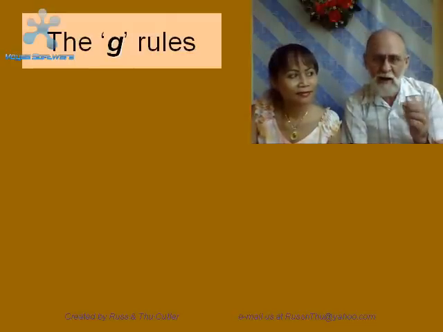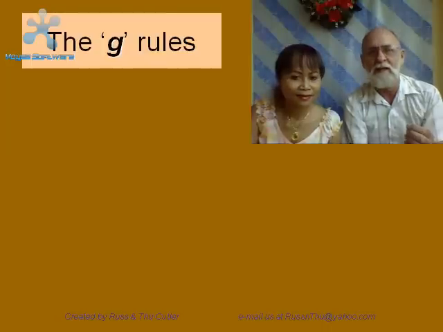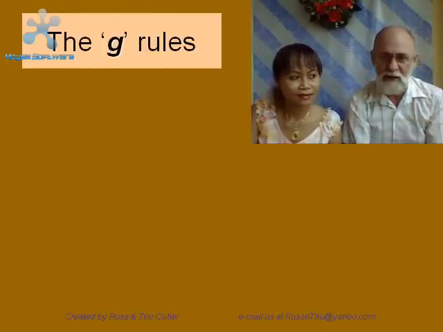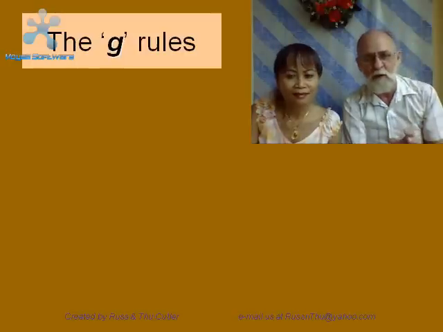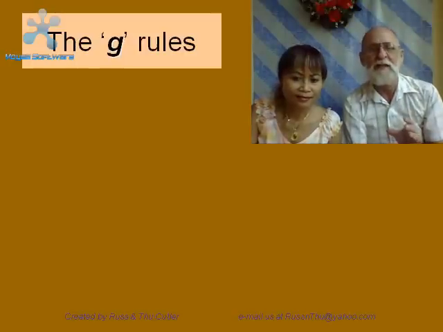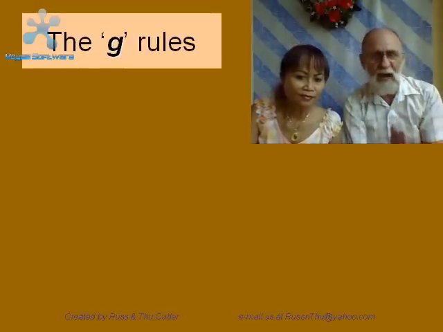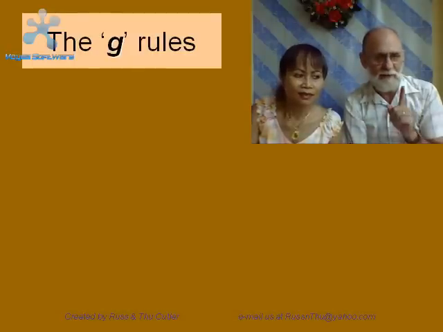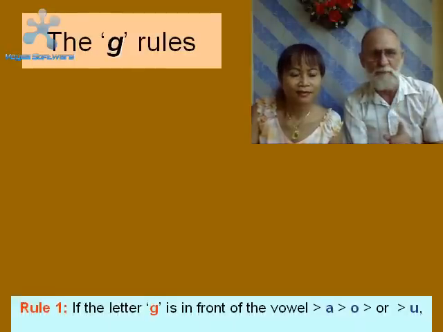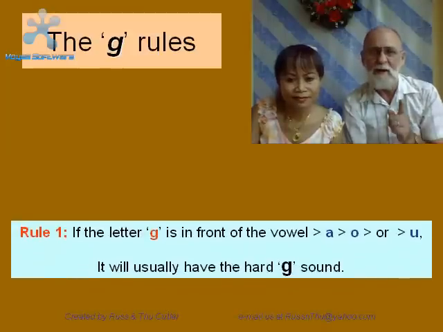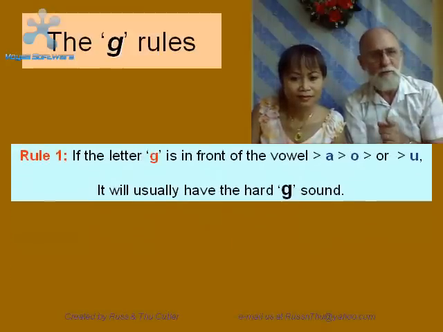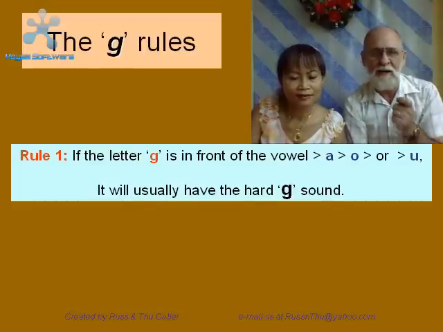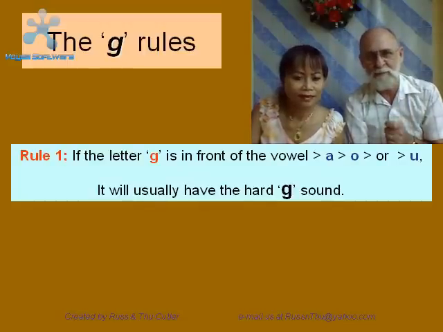They can sound like the hard G, ga, or they can sound like the soft G, ja. The way we know how to say the G words is by the vowel that comes after the G. Same as the C rules. So G rule number 1: if an A, O, or U comes after the G, we give it the hard G sound.